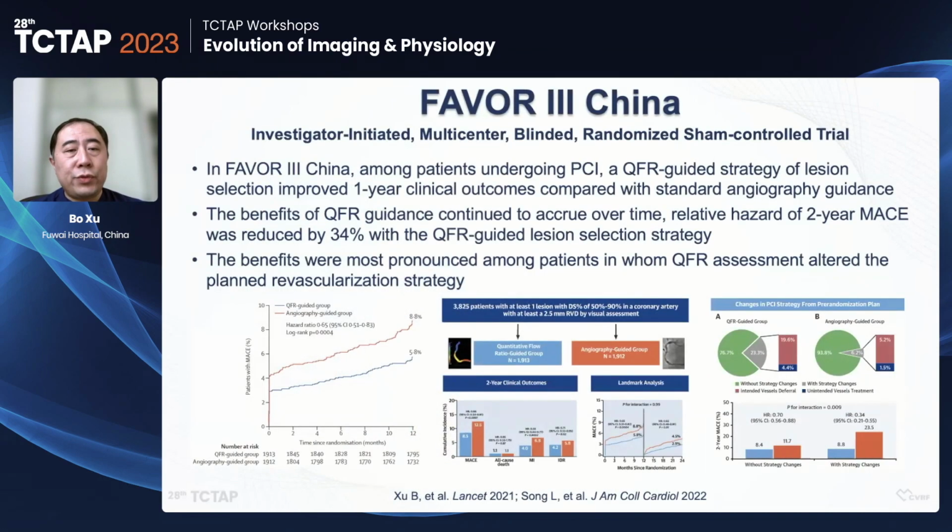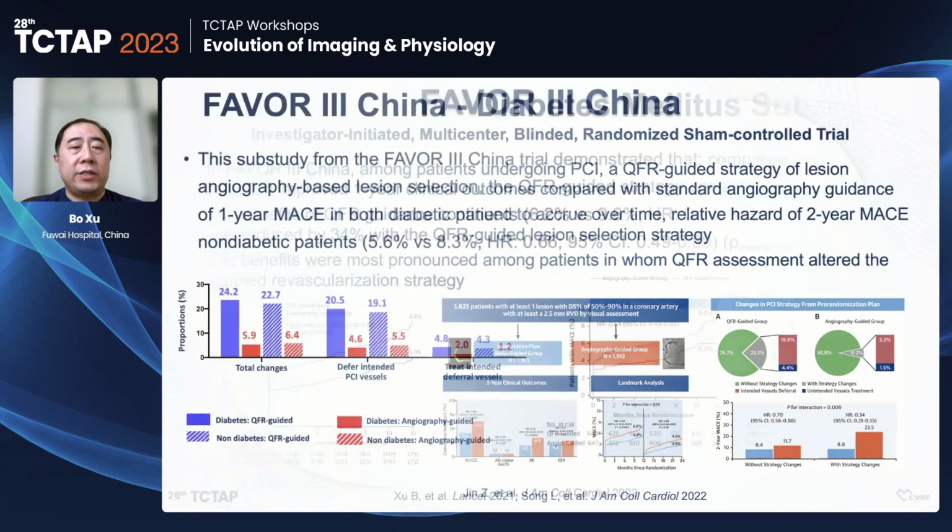In FAVOR III China, among patients undergoing PCI, the QFR-guided strategy of lesion selection improved 1-year clinical outcome compared with the standard angiography guidance. And the benefit of QFR guidance continued to accrue over time. The 2-year risk of MACE was reduced by 34%, and the benefit was most pronounced among patients in whom QFR assessment adhered to the planned revascularization strategy.